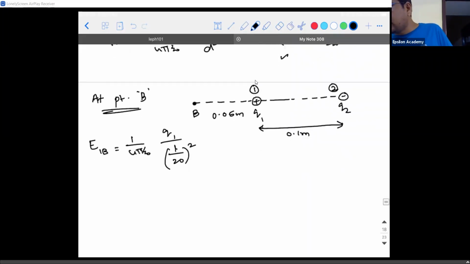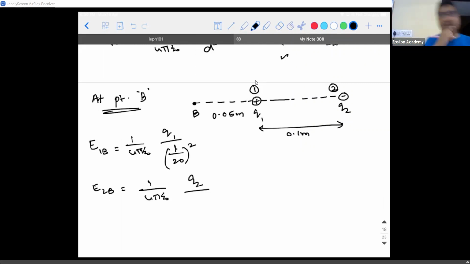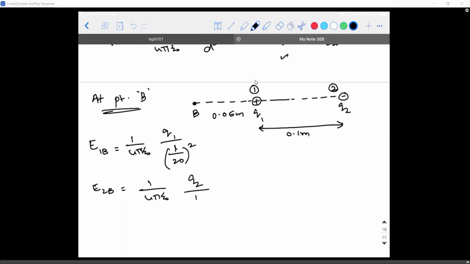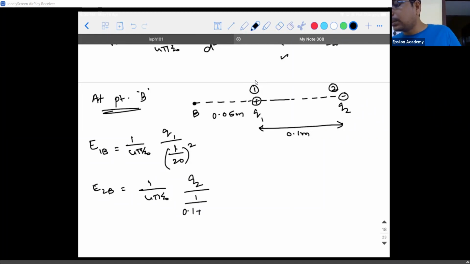What is the electric field due to the second charge at B? It is 1 by 4 pi epsilon naught into Q2 divided by 0.1 plus 0.05 the whole square.